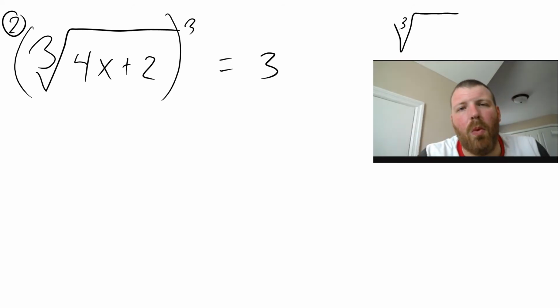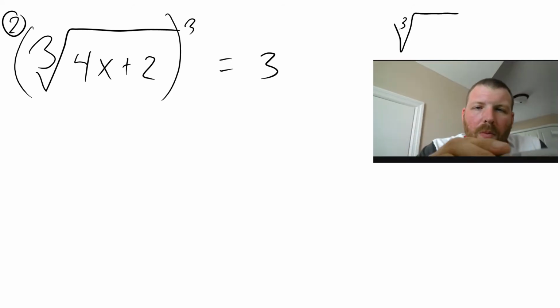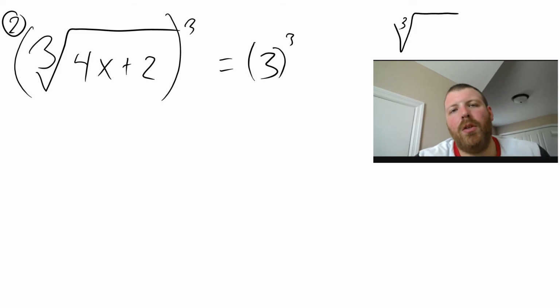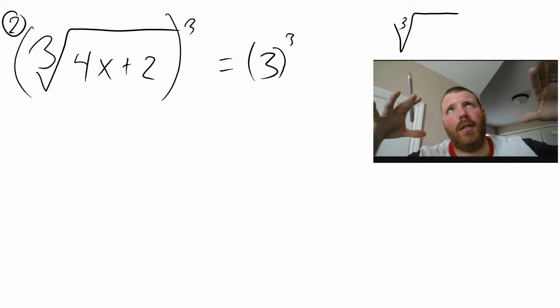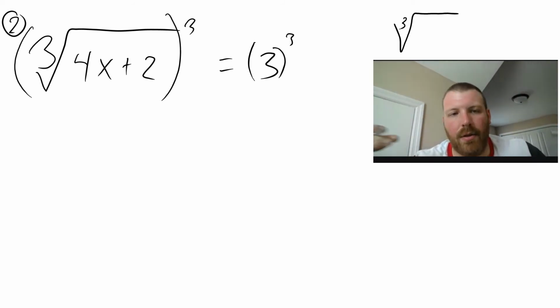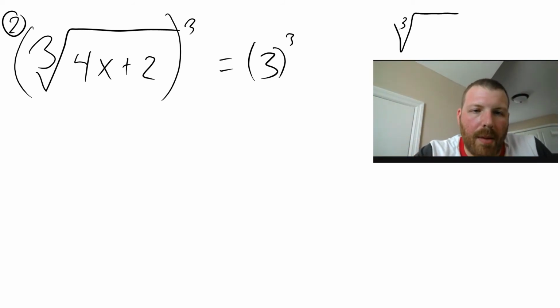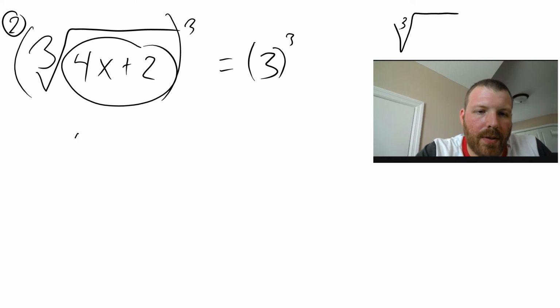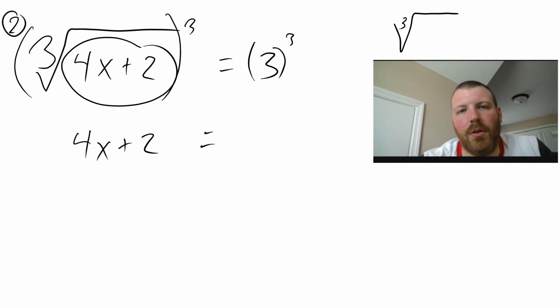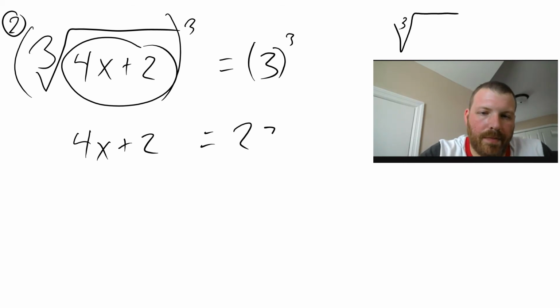We don't know how to work with that, and we don't want to work with it. But whatever I do to one side, I have to do to the other side. To keep it balanced, I just have to change everything. So all this stuff on the inside is going to drop down. And then I put the other side in a calculator: 3 times 3 times 3 is 27.